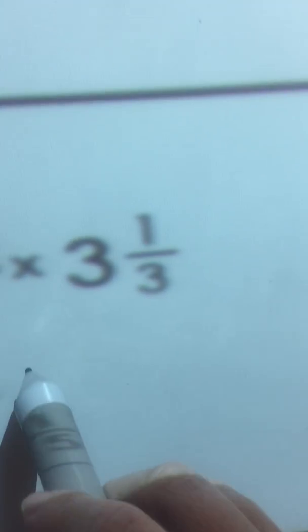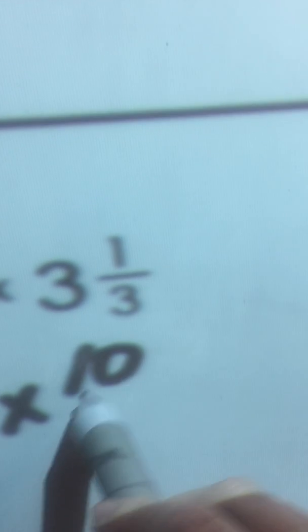So I need to take 2 and 1/2, and I say 2 times 2 is 4, plus 1 is 5, all over my denominator, which is 2, so I'm going to call this 5/2. 5/2 times 3 times 3 is 9, plus 1 is 10, all over 3. So times 10/3.